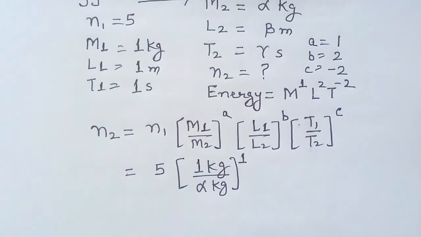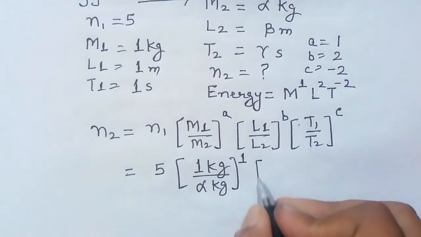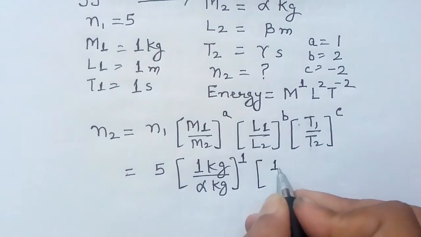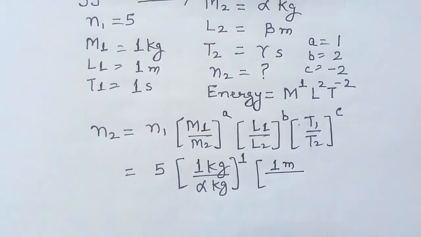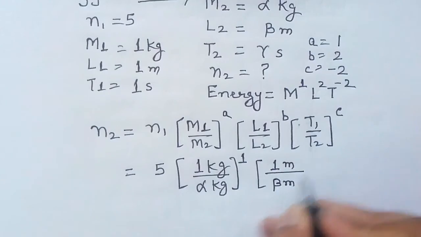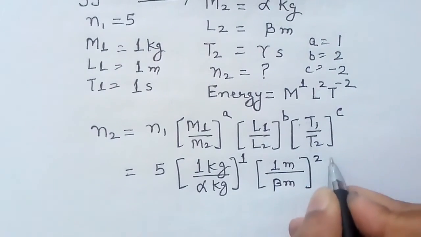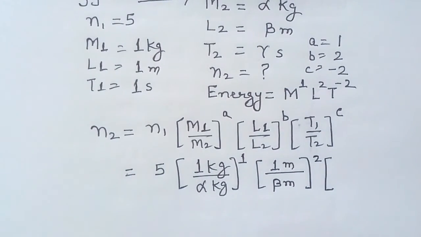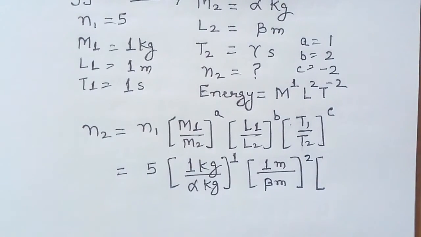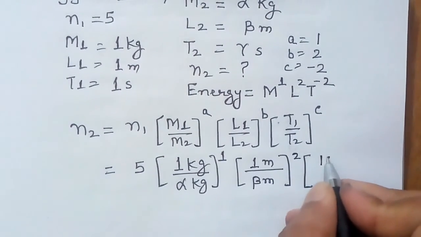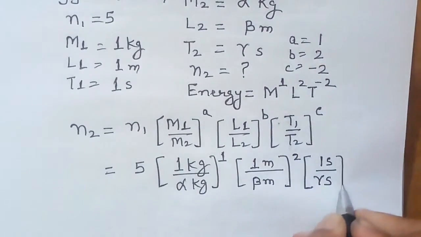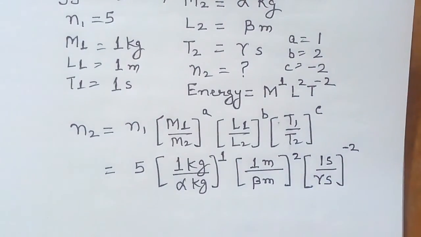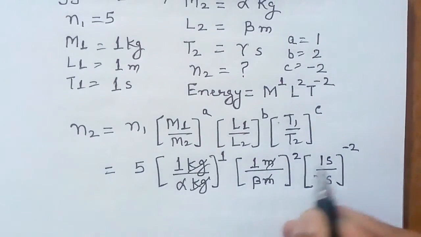Then the values of L. L1 in the first system is 1 meter and in the second system it is beta meter, to the power 2. And time in the first system is 1 second, and in the second system it is gamma second, to the power minus 2. So here all the units are the same, so we can just cancel in this step.